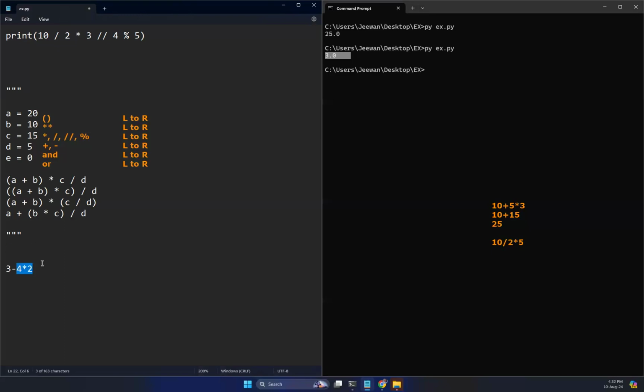Then let's say here we have 3 plus 4 floor division 3. What would be the answer?